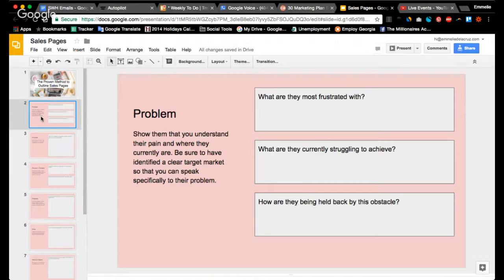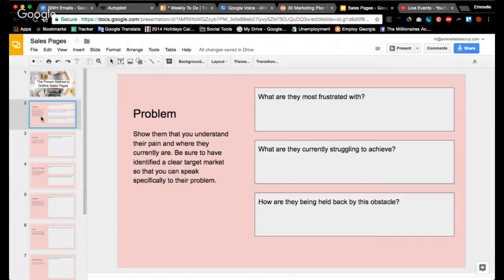Telling someone that you're going to help them plan their content is one thing. Telling somebody that you understand how hard it is to plan content every single week for your blog when you have so much going on in your business and in your own personal life. You're frustrated because you don't have time to sit down and batch process, or you don't have time to sit down and write lengthy blog posts, and you're frustrated by that.